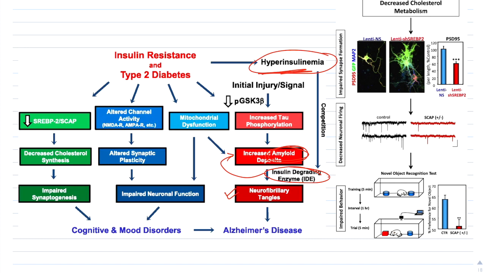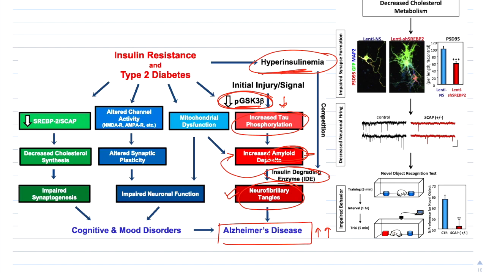The GSK3 beta, that is glycogen synthase kinase 3 beta, activity is decreased in the brain. This will lead to increased tau protein phosphorylation, which will lead to increased tau protein deposition and increased amyloid deposition. This amyloid through the insulin degrading enzymes will be converted to the neurofibrillary tangles. Thus, there is an increased risk of Alzheimer's disease in type 2 diabetes.